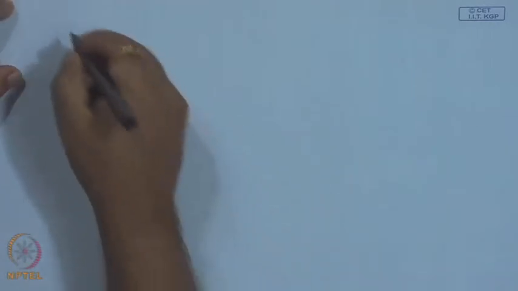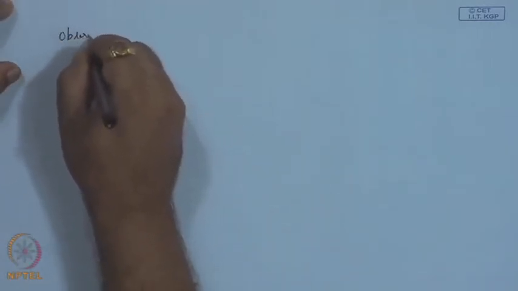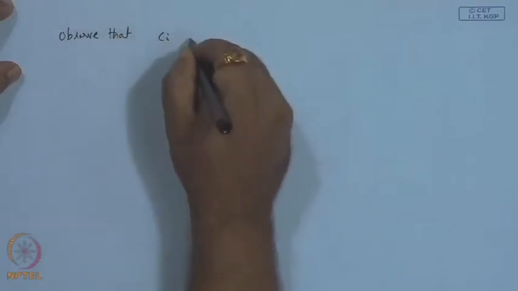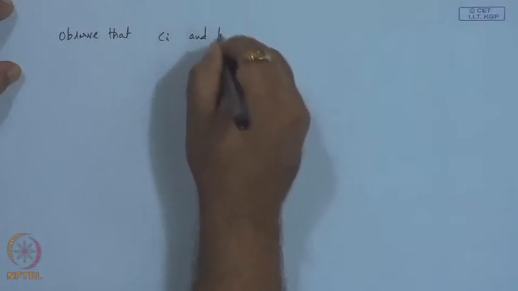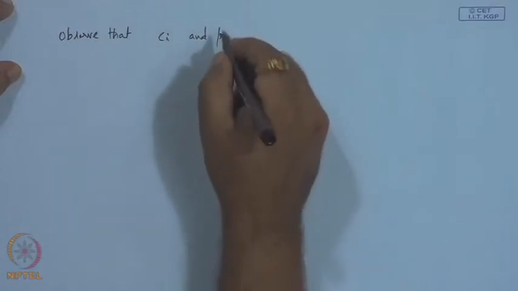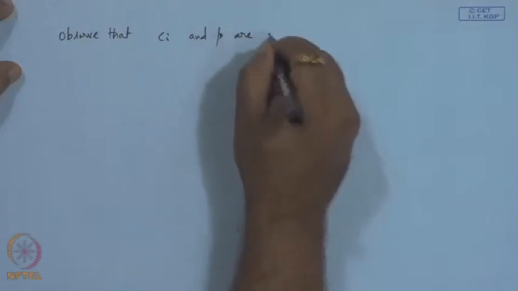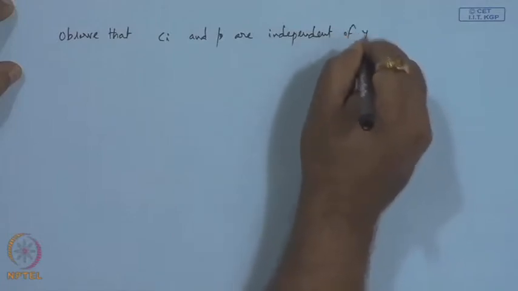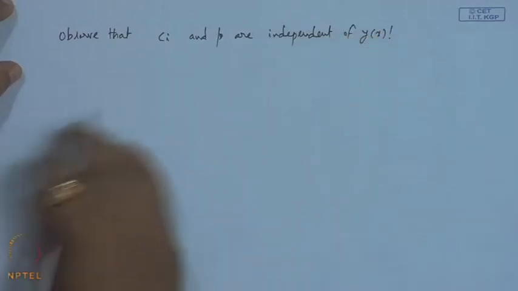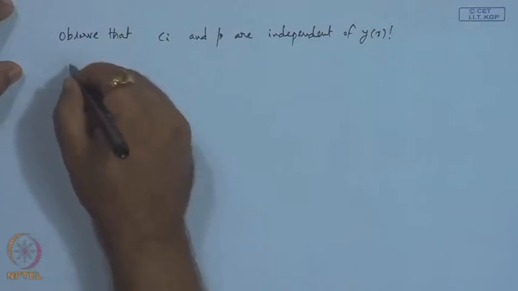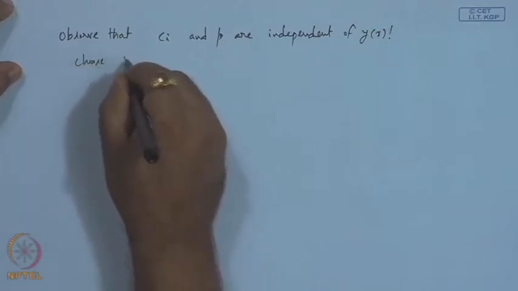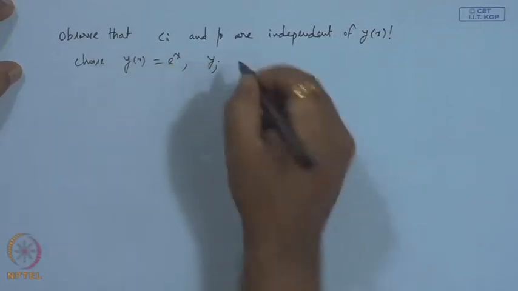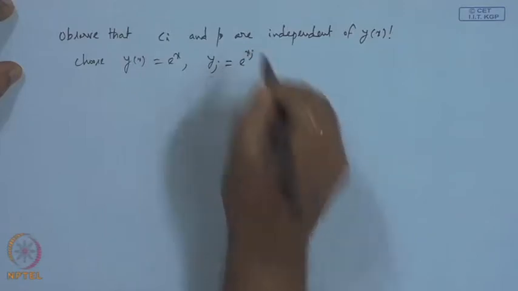Now, observe that C i and p, the order of the method, are independent of y of x. So, choose y of x as e power x.